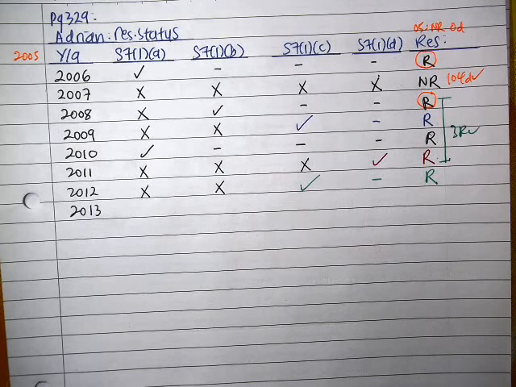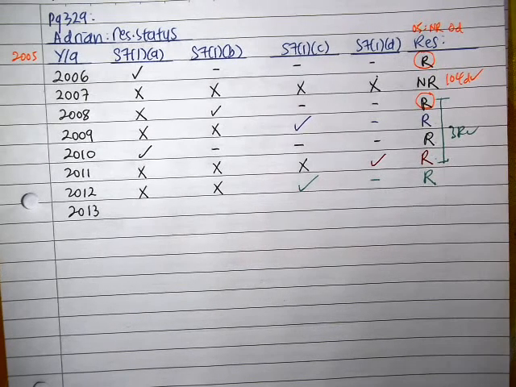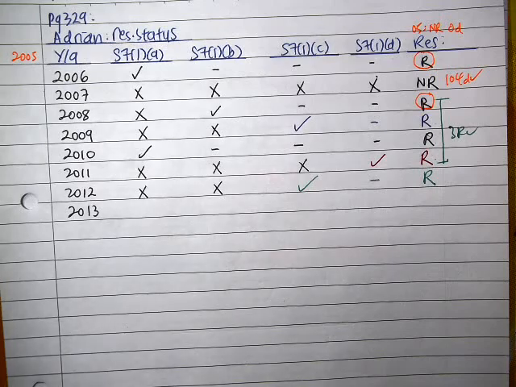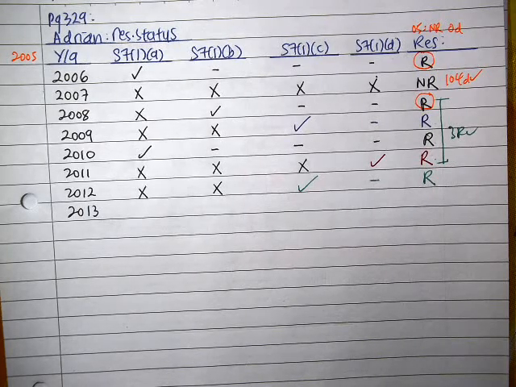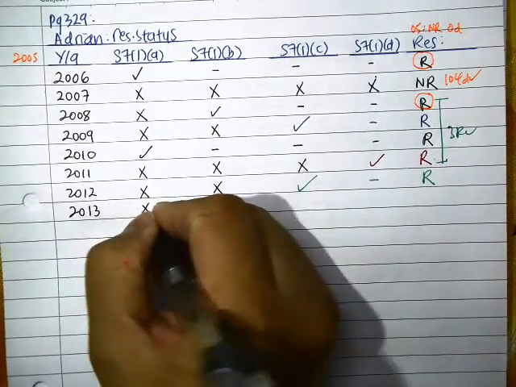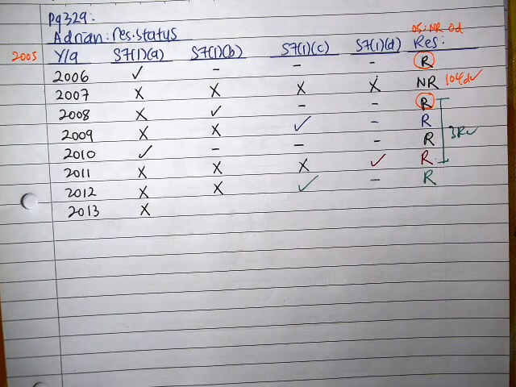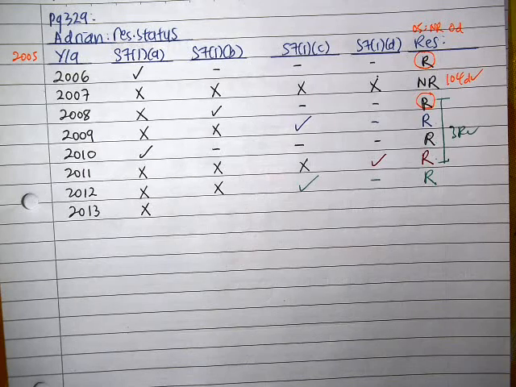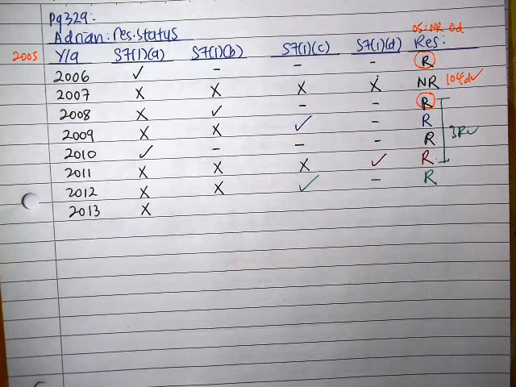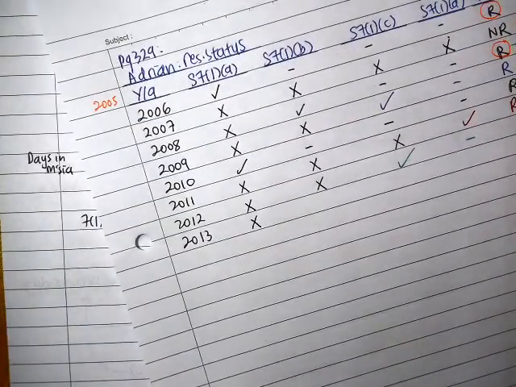Right, for the last year now, 2013, 181 days. Can I use A? Cannot. You need 182. Can I use 1B then? Again, with 1B, if you see, there is this so-called vacation.